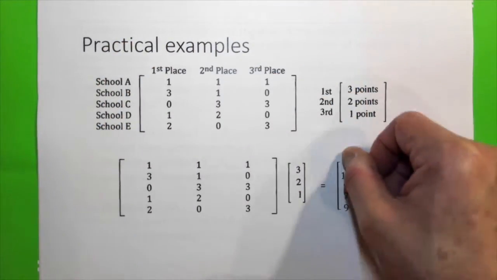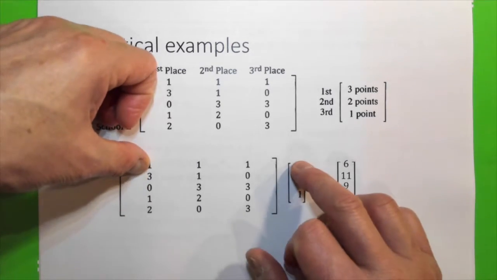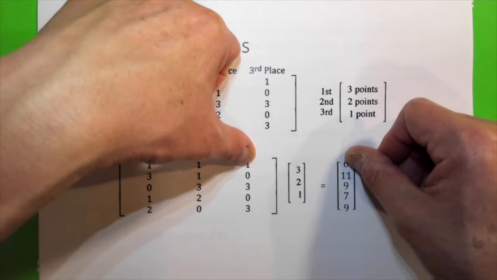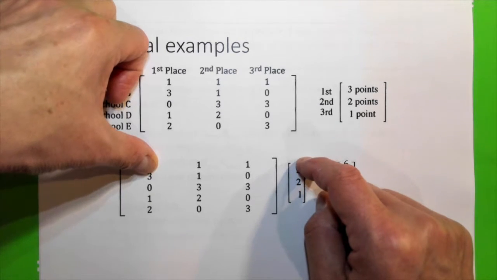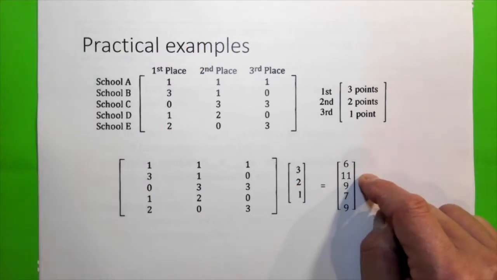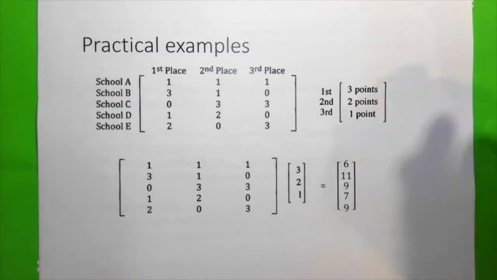Therefore, the end result is a 5 by 1 matrix. 1 times 3 plus 1 times 2 plus 1 times 1 gives you 6. Second row, 3 times 3, 9, plus 1 times 2, 2 gives you 11, and so on and so forth. So this is actually very useful.